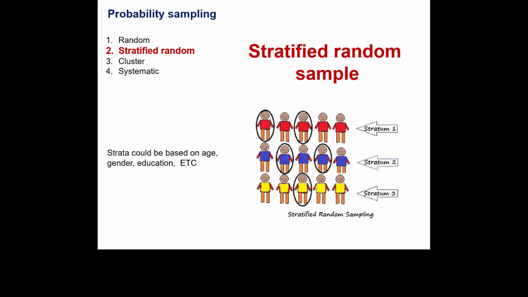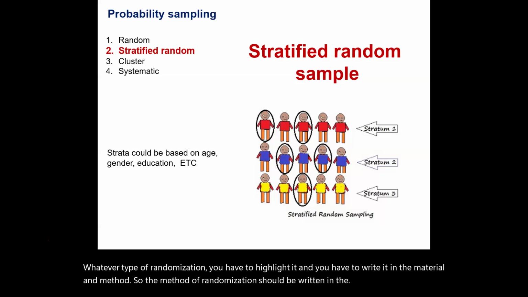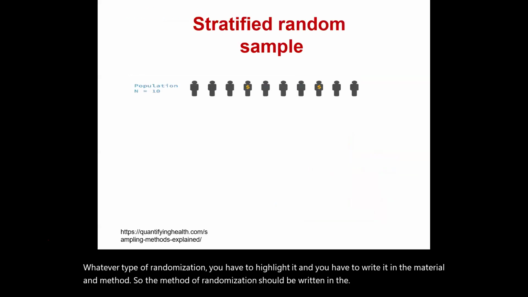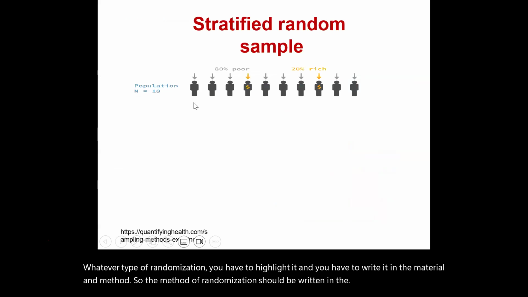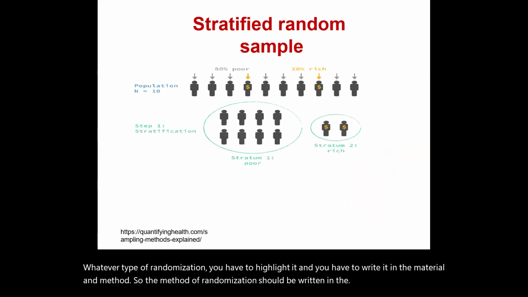So let us apply this for student, in medical student. We are classifying student into strata. Stratum number 1 could be the student in the first grade. Stratum number 2 could be first student in second grade, etc. So after that, we are randomly selecting from every strata this sample size.